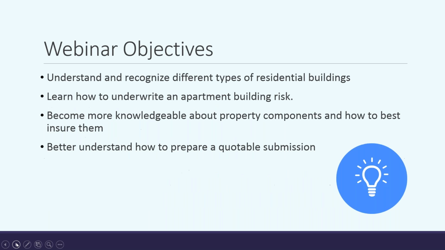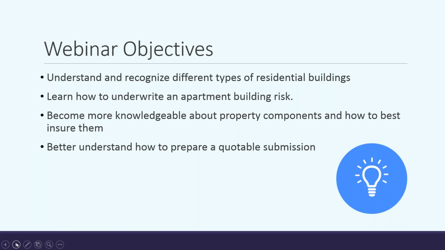So let's get started. What are we going to talk about today? Objectives. Understand and recognize the different types of residential buildings. We'll get into more of that, but there is a little bit to know about that. How do we underwrite an apartment building risk? What's a good building to write, and what's a building to stay away from?